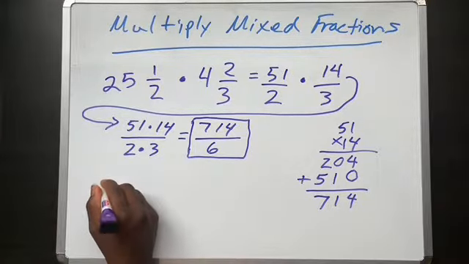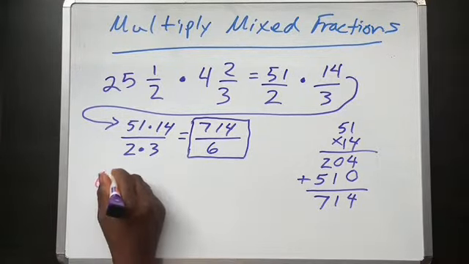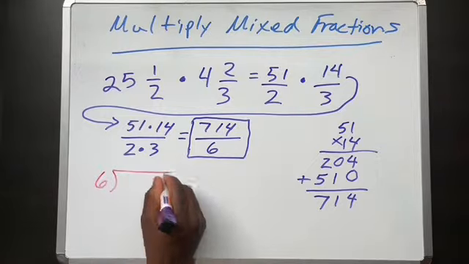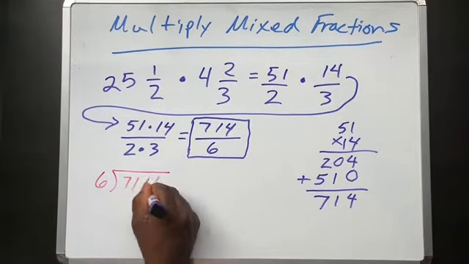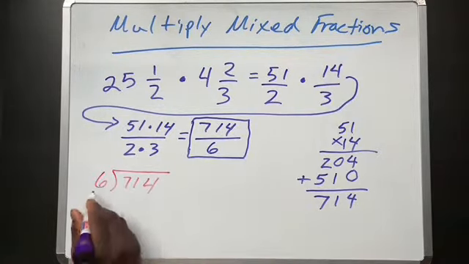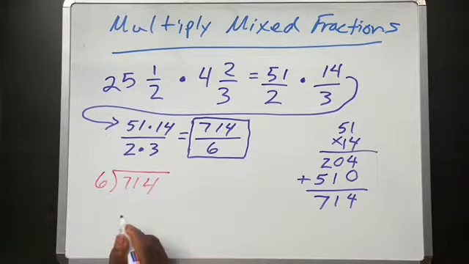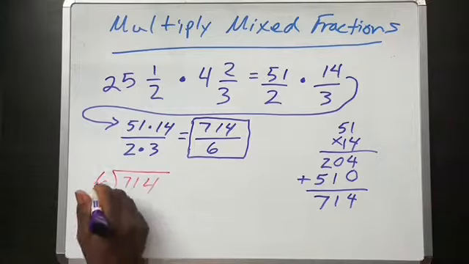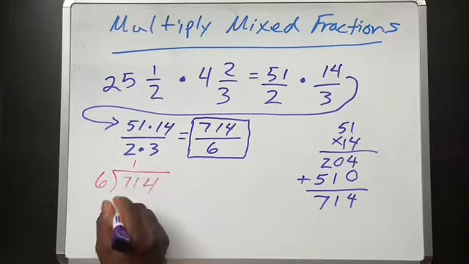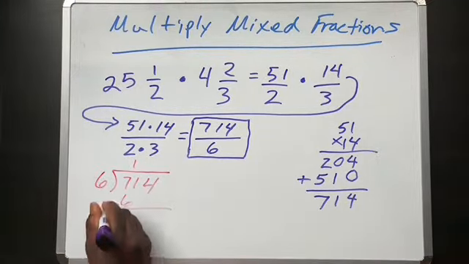We have 714. 6 cannot go into 7, but 6 can go into 70. 6 times 7 is 42, so we have to go a little higher. 6 times 11 is 66. 6 times 12 is 72, that's too much. So 6 can go into 7 one time. 6 times 1 is 6.